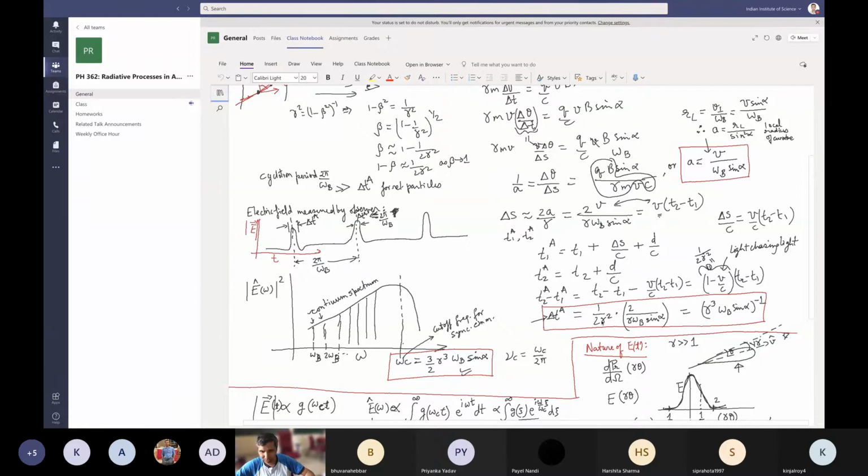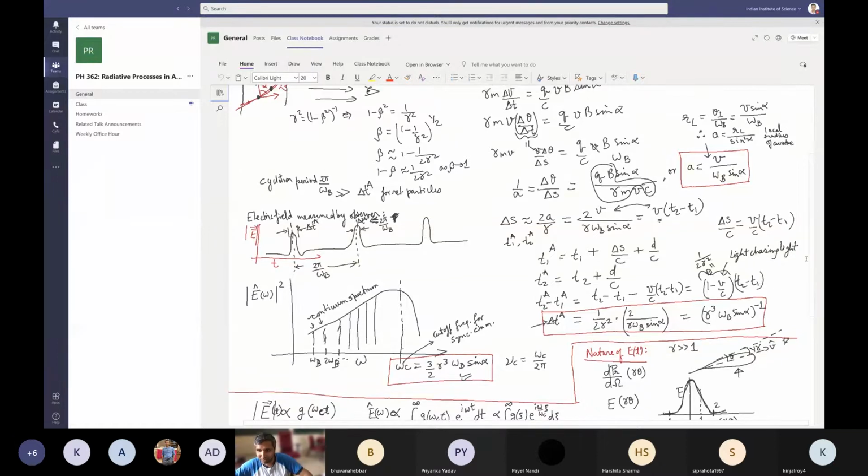There is a 1 over 2 gamma squared factor picked up because of this light chasing light effect, in which if the object is moving close to the speed of light, the duration observed by the observer can be very short compared to the duration of the event in the frame of the particle itself.